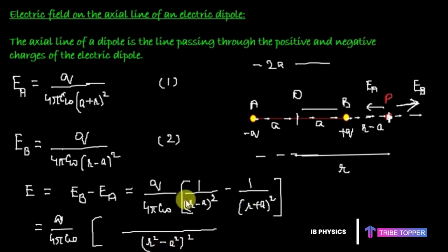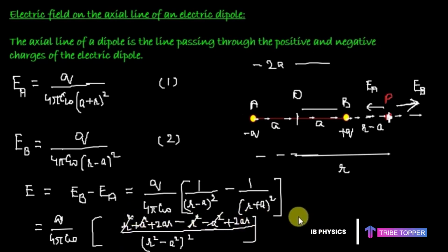Then I'll substitute the values, because this side I'll get r plus a whole square, that is r square plus a square plus 2ar, minus r minus a whole square, so that will be minus r square minus a square, and minus 2ar, multiplied by this minus would give me plus 2ar, and so these cancel out.